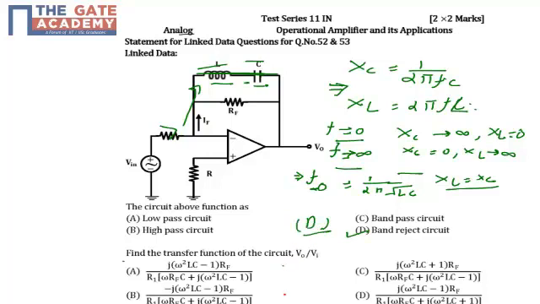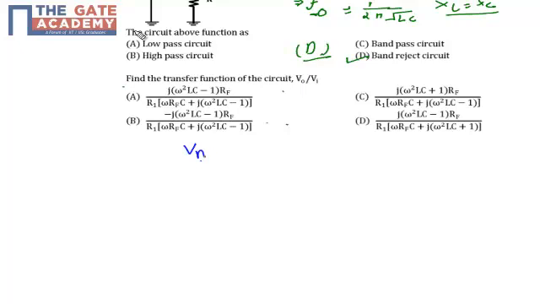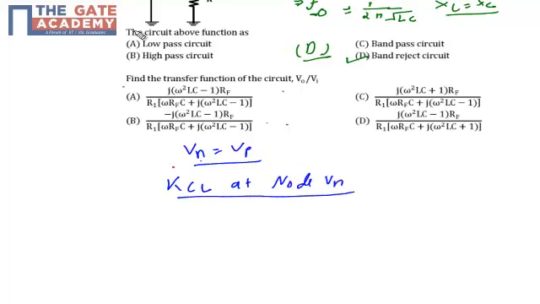Now for the second part, the question directly says to find the transfer function V0 by Vin. Our process is very simple. Just apply nodal analysis: name this node Vn and this node VP. From the virtual ground property, we know that Vn is equal to VP, and I am going to apply KCL at node Vn.